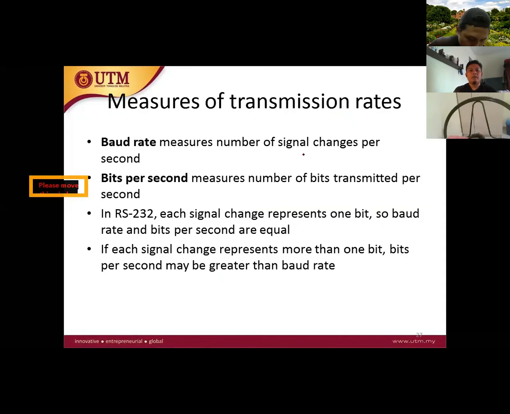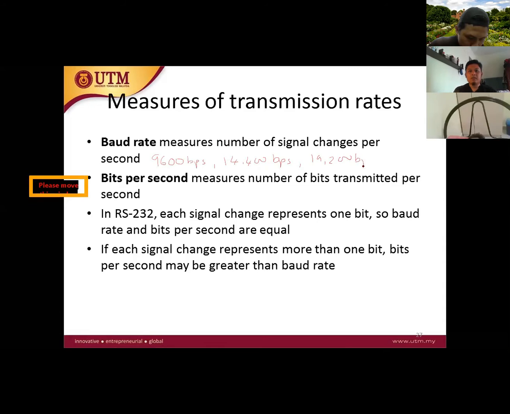Basically baud rate measures the number of bit changes per second. In RS-232, the common transmission rates are 9,600 BPS, 14,400 BPS, 19,200 BPS.